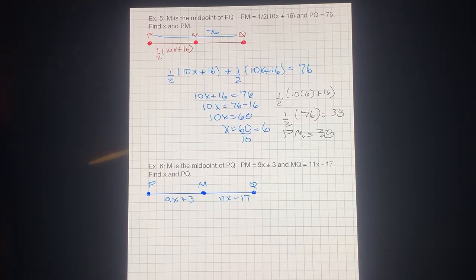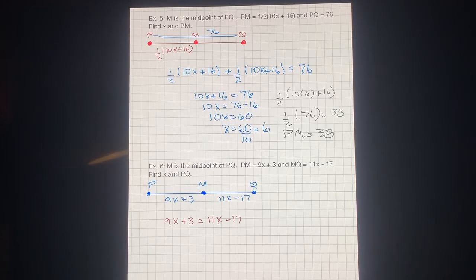Okay, now both sides are congruent and I don't have a length. Therefore, I can simply take both equations, 9x plus 3, and make them equal to 11x minus 17.